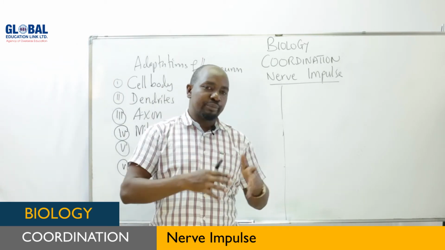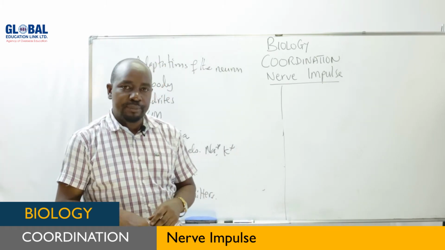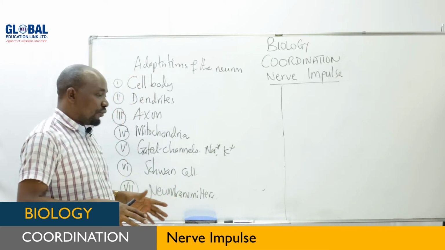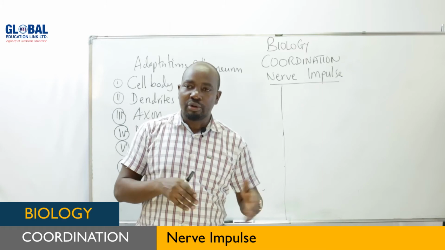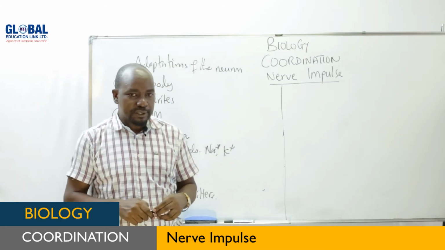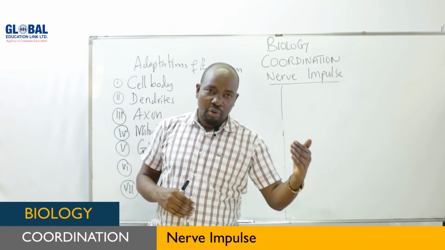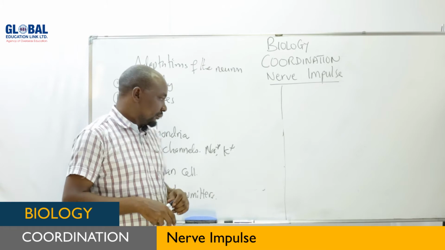So they carry it from the presynaptic knob to the postsynaptic knob. So their presence facilitates the passage of the nerve impulse across the synapse. The synapse is simply the gap between one neuron and another neuron.